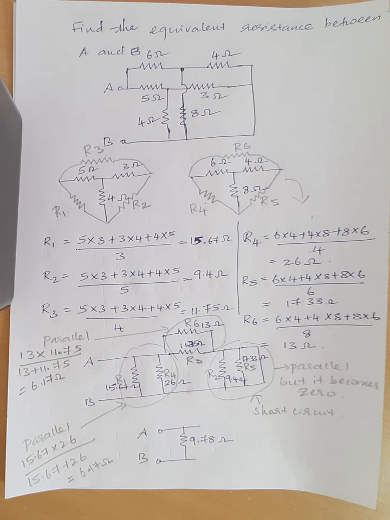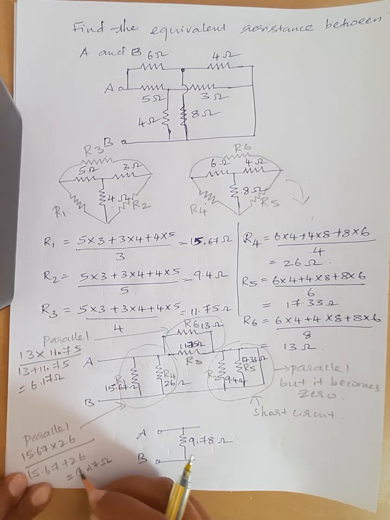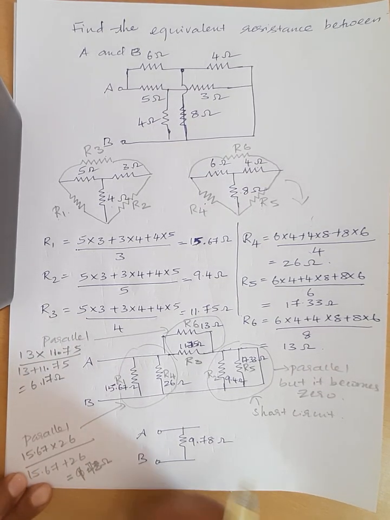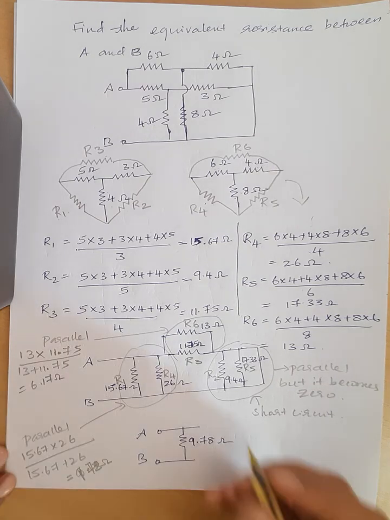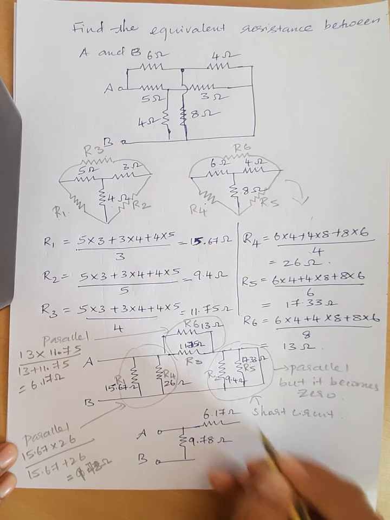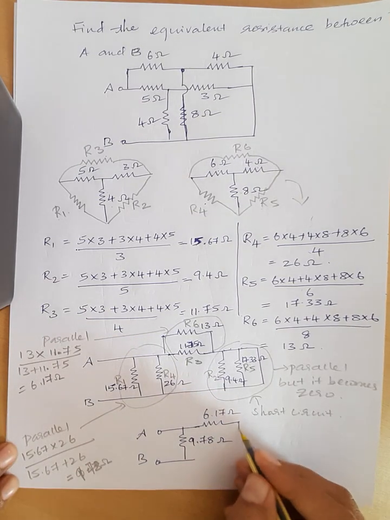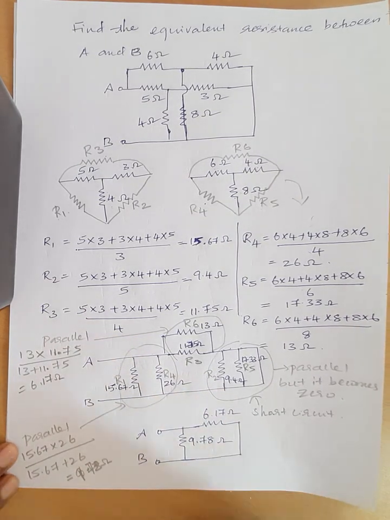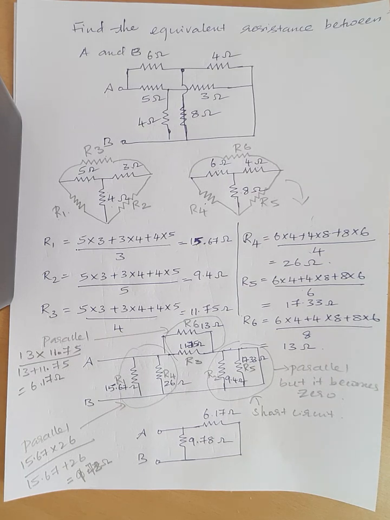9.78 ohms. Sorry, this is 9.78. And one more resistance you found out which is in parallel, 6.17. And this will be just a short circuit. Okay.